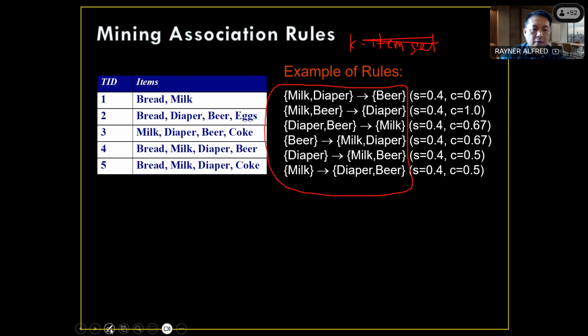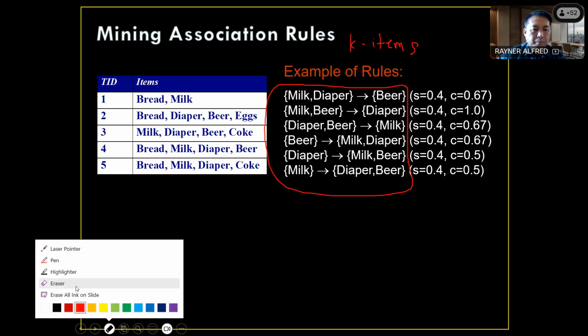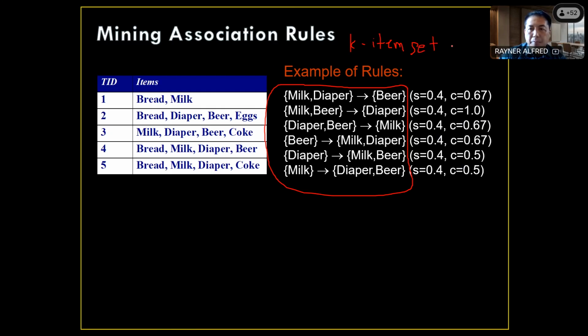So we have milk, we have diaper, and we have beer. So from this milk, diaper, beer, we can form all these rules. We just change the order, which belongs to X and Y.